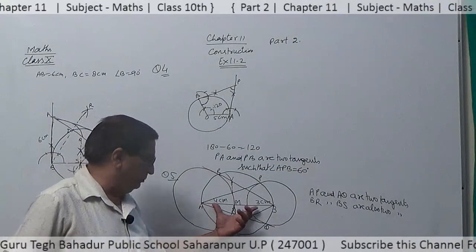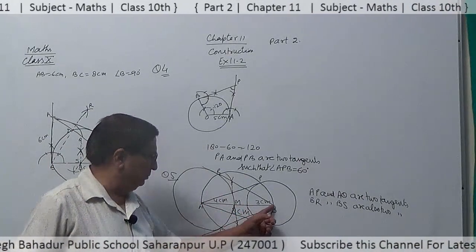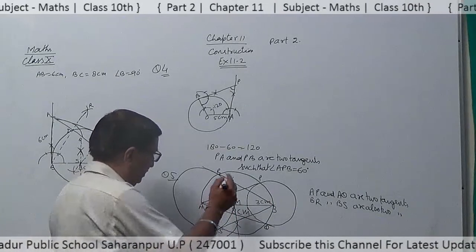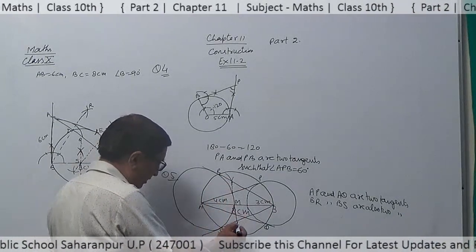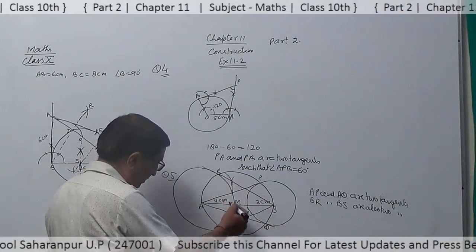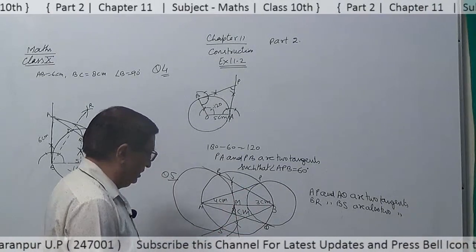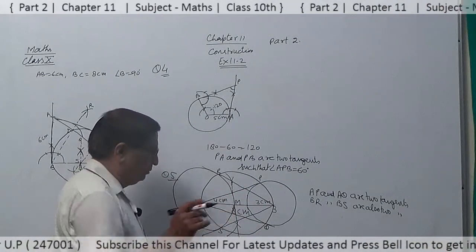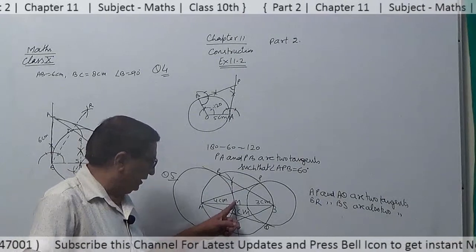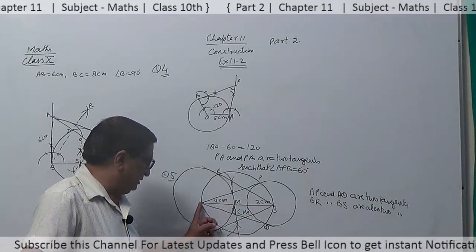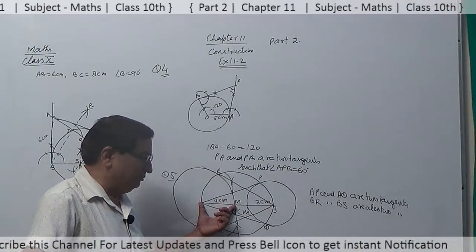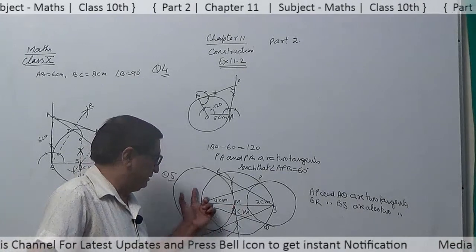We will draw the perpendicular bisector of AB. From point A, we will draw this arc, and also from point B, draw another arc. Both arcs intersect at point M. Taking M as a center of radius AM, that is 4 centimeter, draw the circle.